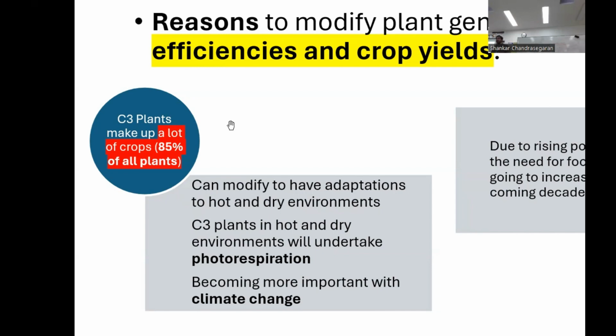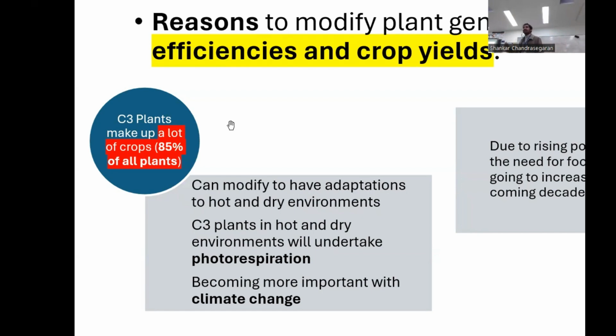And this is becoming more of an issue with climate change because, due to the climate changing in an unpredictable fashion, there are certain regions that are suddenly becoming too cold or too hot. Those regions were never prepared to deal with that kind of a transition, and the C3 plants in that region will be the ones that are suffering. They have no defense against it because they have no adaptations for it.